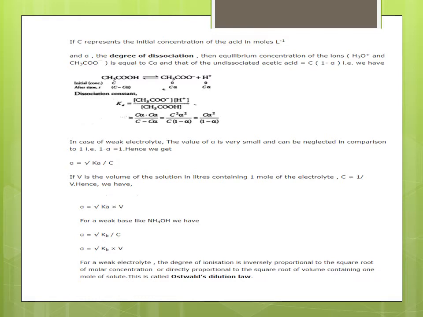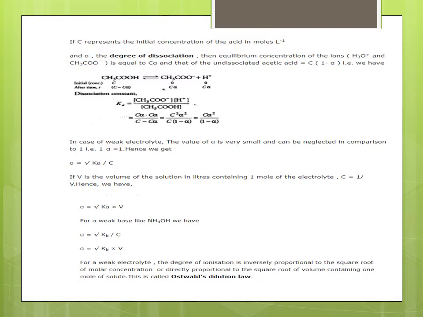Let us start with this: initial concentration is C and there is no dissociation, so 0 for both of the ions. After time t, it will become C minus C alpha, and both the ionic concentrations will become C alpha.